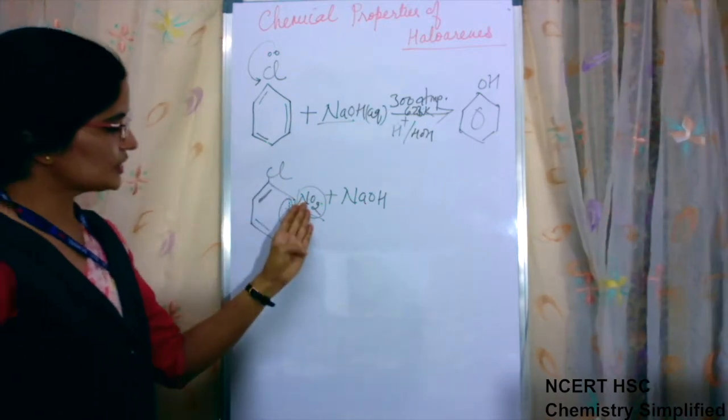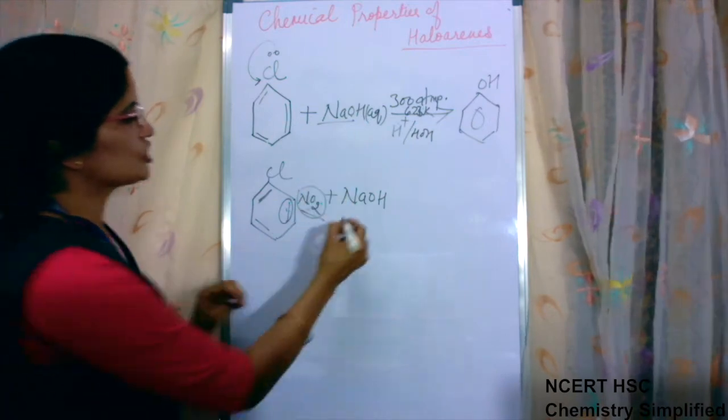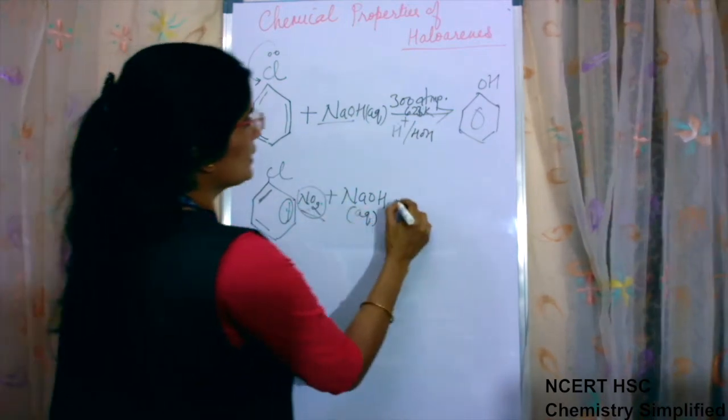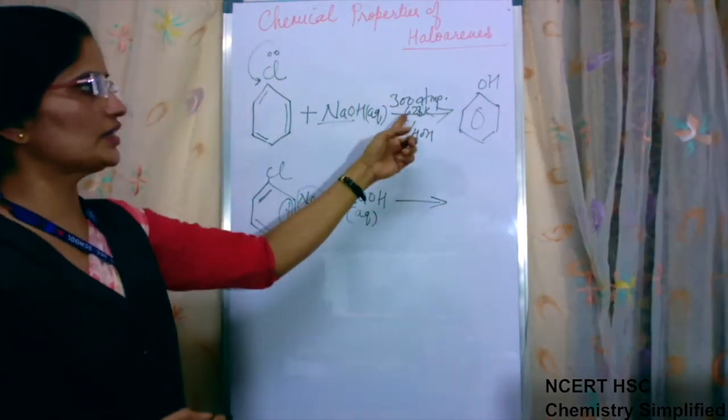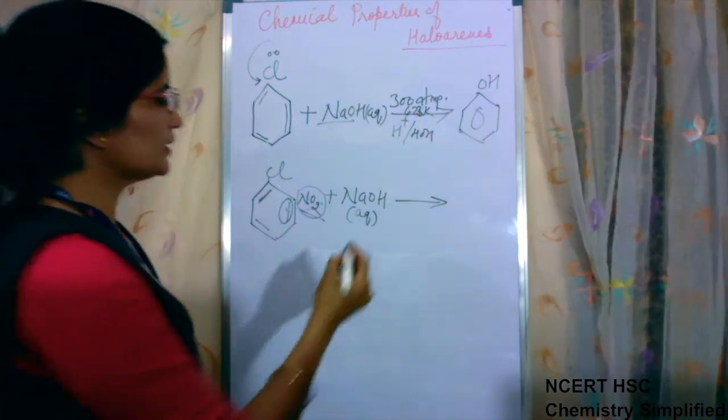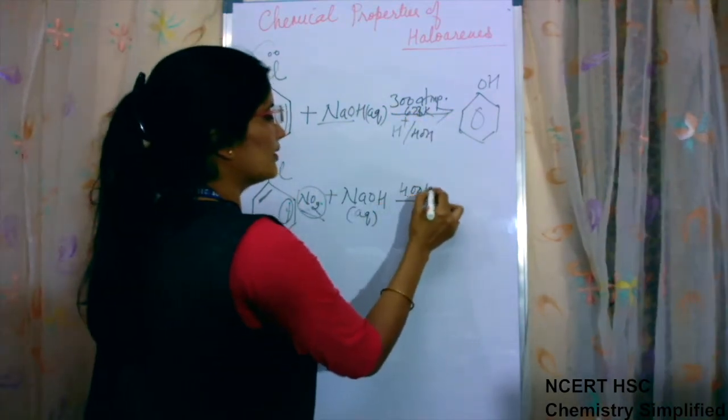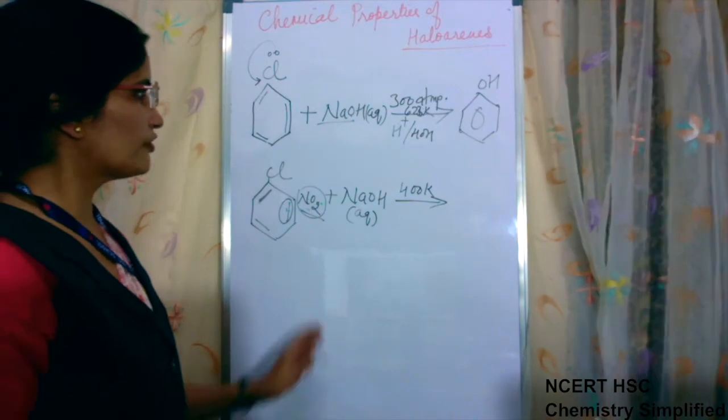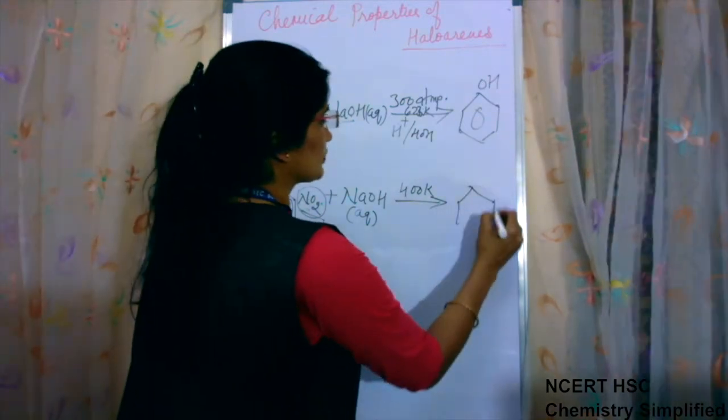Okay. So, such a group is present and NaOH is used aqueous. Then little harsh conditions. Here we were using 623 Kelvin. Now near about 400 Kelvin temperature will be enough to convert it into product.